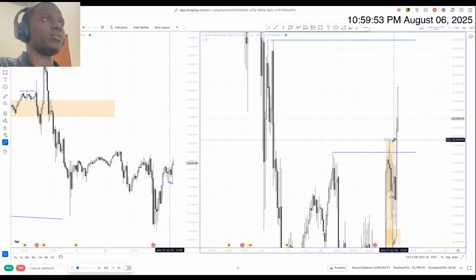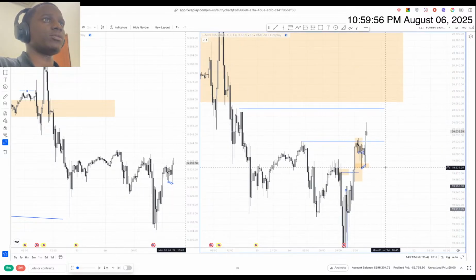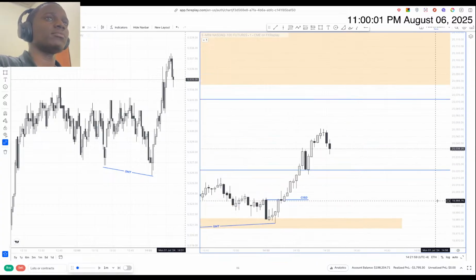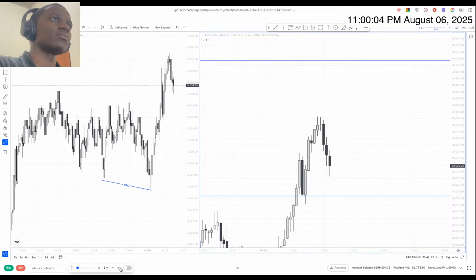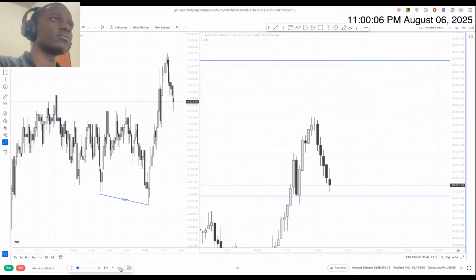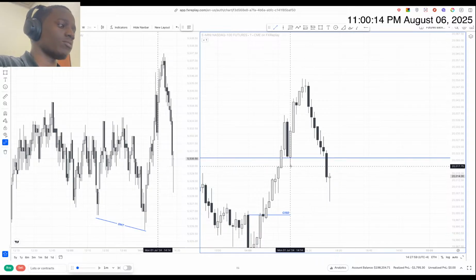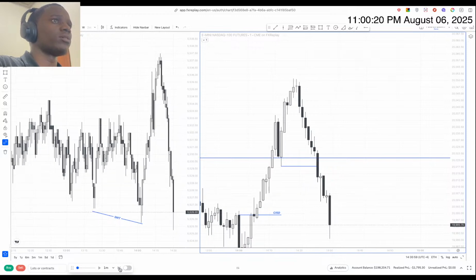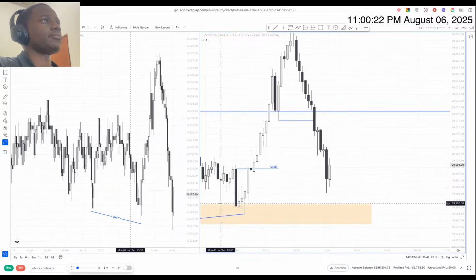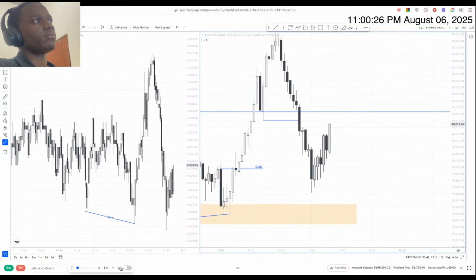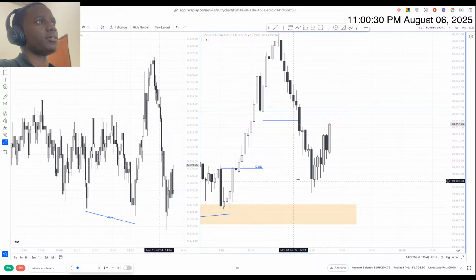So we can see we took out lunch highs. So let's see if we're balanced to the downside. So the shift across on this. So we put in another SMT here.